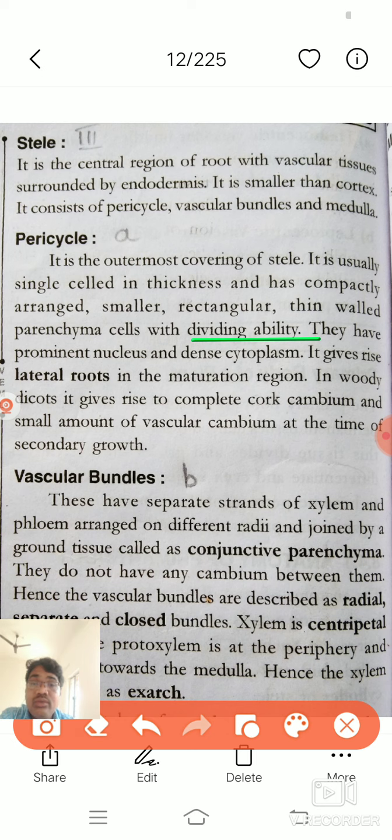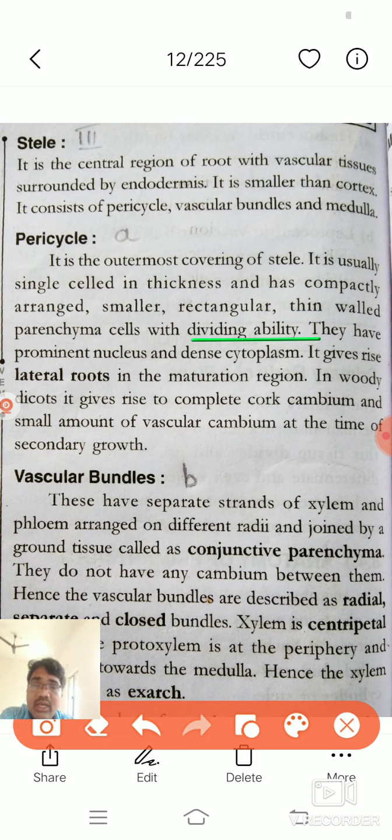It is the outermost covering of the stele. It is usually a single layer, single-celled in thickness, and has compactly arranged, smaller, rectangular, thin-walled parenchyma cells. In NEET level, they ask about the most important concept in the pericycle.